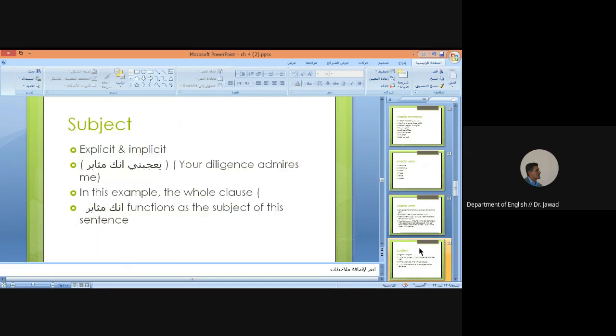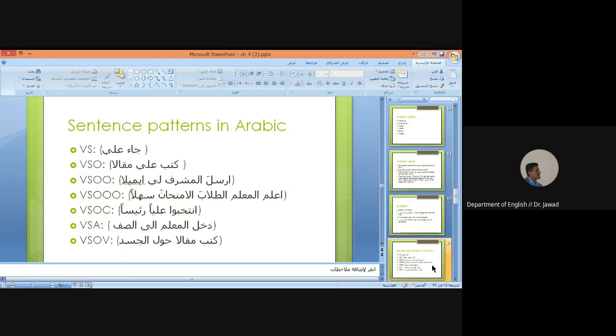Now, again, subjects in Arabic can be explicit and implicit. يعجبني أنك مثابر, as we have mentioned this example, could be translated as your diligence admires me. In this example, the whole clause أنك مثابر functions as the subject of the sentence. And subject in Arabic could be nouns, could be pronouns, could be noun phrases.